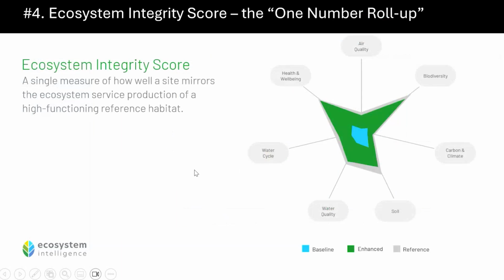Okay, so let's move into the final piece, which is the ecosystem integrity score. So we talked about the balance and having something that's robust and meaningful, but easy to understand, easy to digest, easy to present to a decision maker, right? And this is kind of that final step in that balance. We've always been very hesitant to aggregate up to a single number.